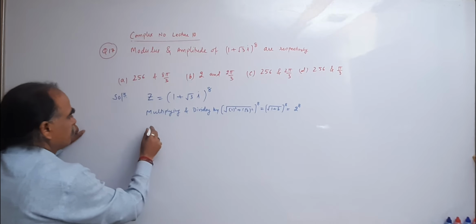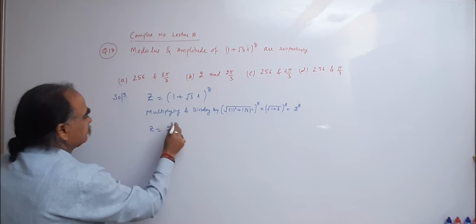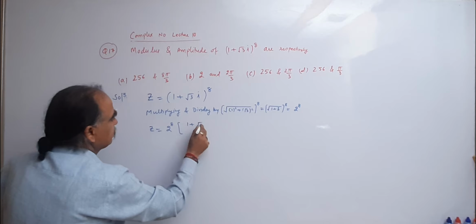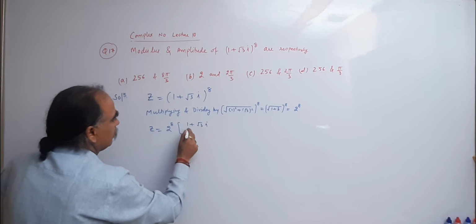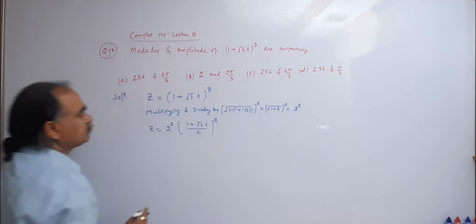So Z will be 2 raised to 8 into ((1 plus root 3 i) upon 2) raised to 8.